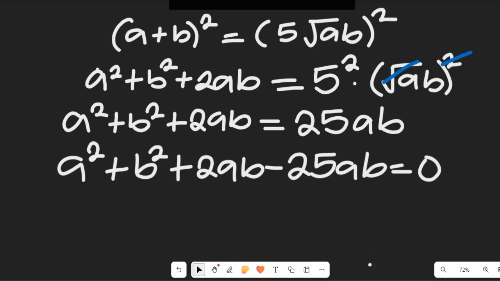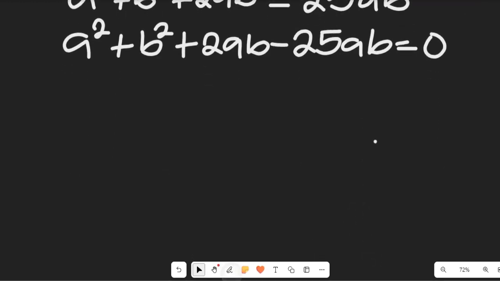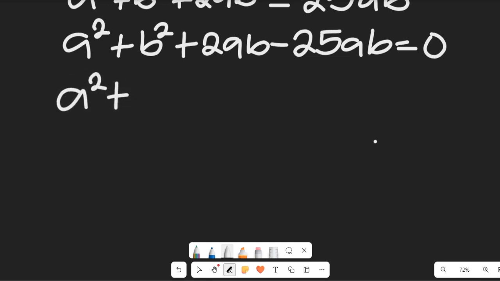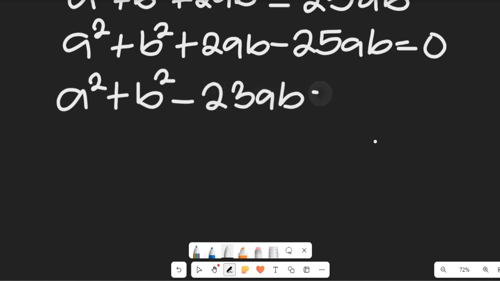Great. Now in the next step, we're going to simplify, and this is going to give us a squared plus b squared minus 23ab, and this is equal to 0. At this point, in order to find the value of a divided by b, we need to divide both sides by ab. That way we can clear off ab.